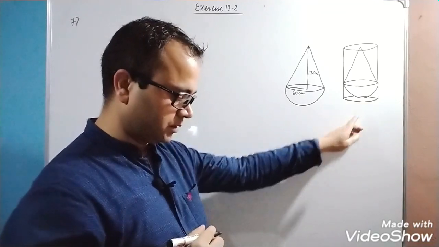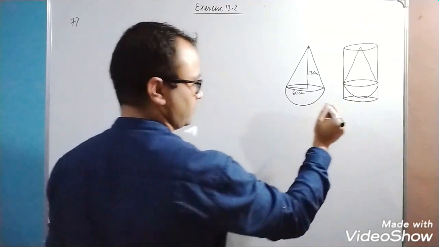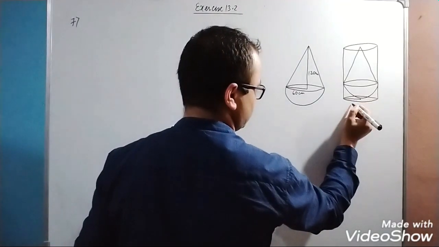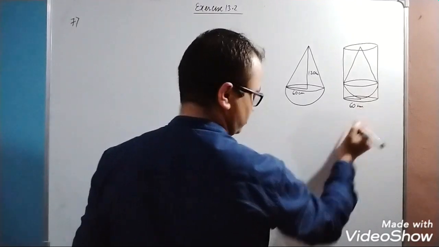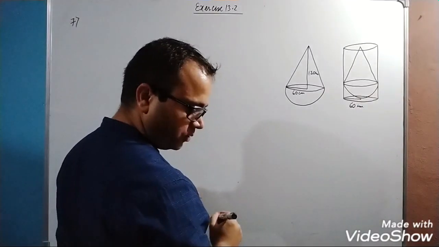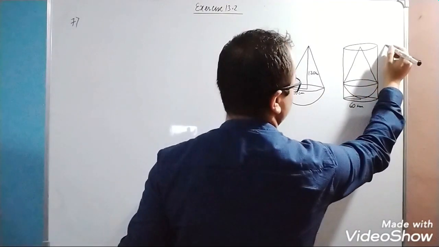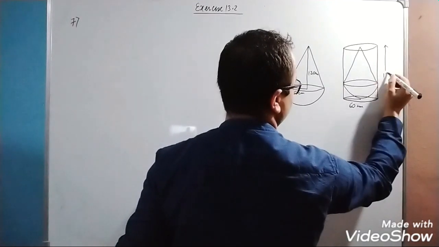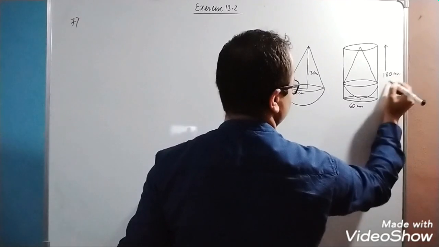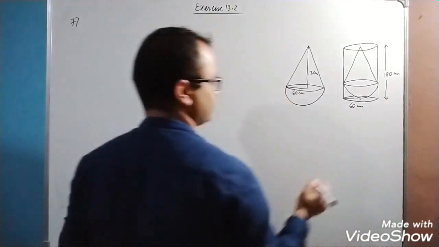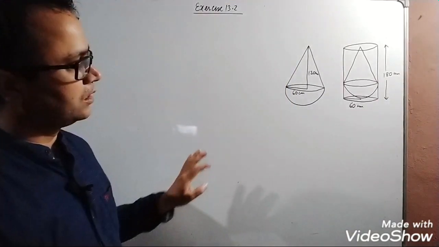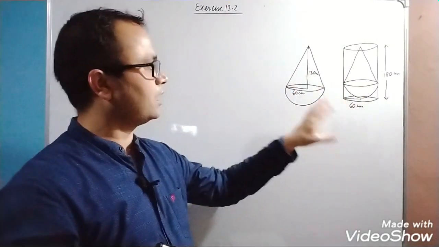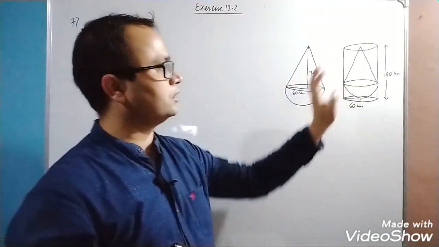If the radius of the cylinder is 60 centimeter, and the total height is 180 centimeter. Now we have to calculate the volume of water left in the cylinder after immersing this solid inside.